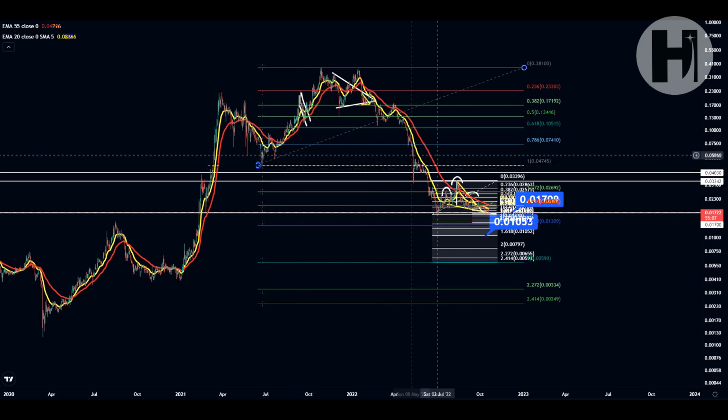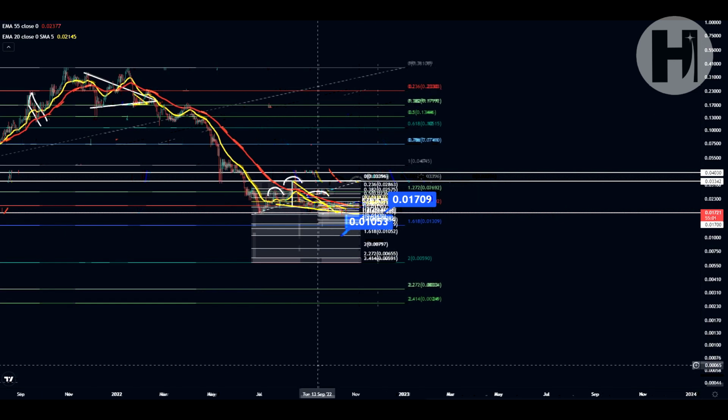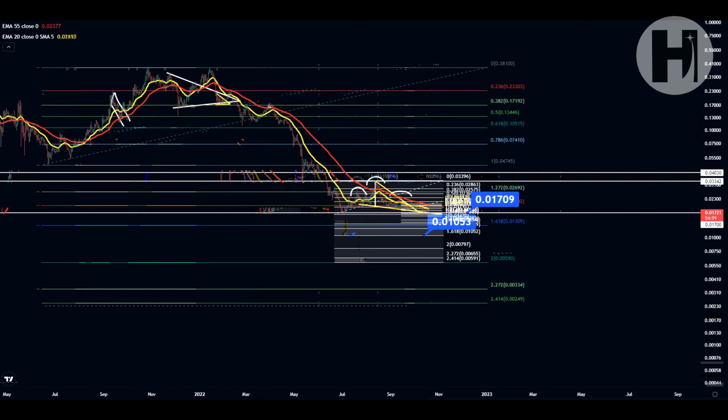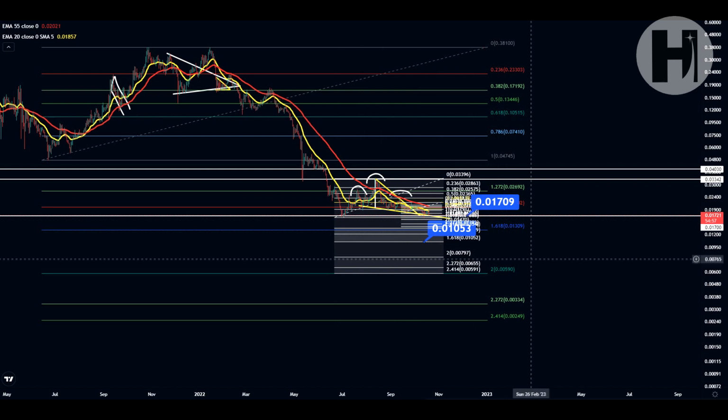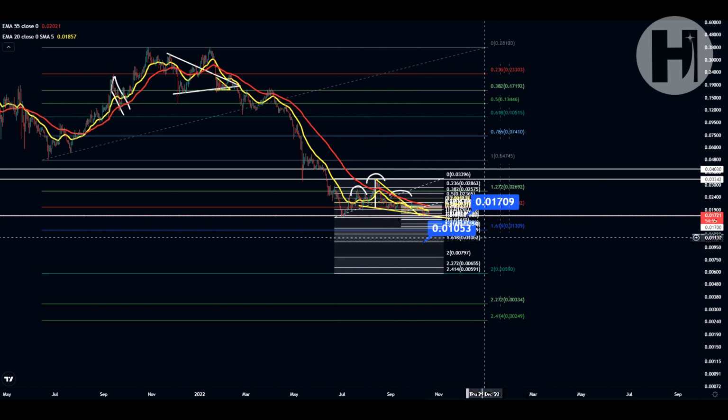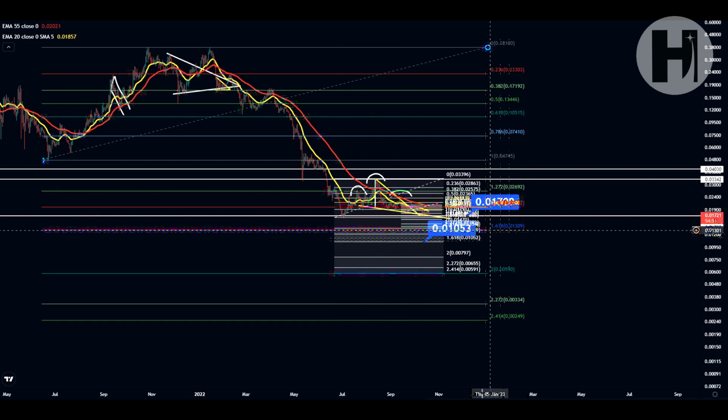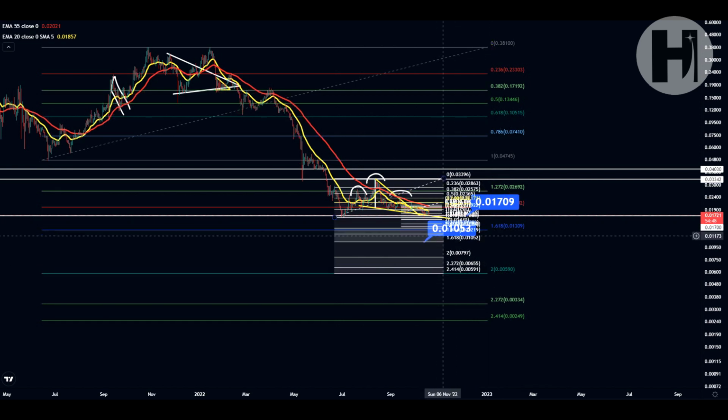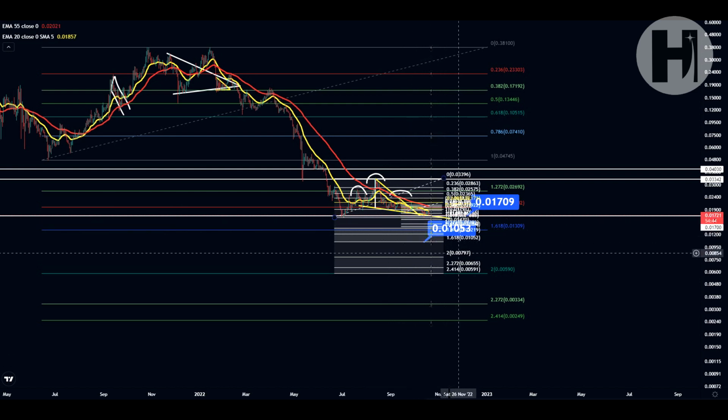Some projects are above this June here of 2021, but as you can see, Harmony went down pretty hard. So we're hoping that we can hold the 1.618 here of this Fibonacci retracement, and that's at 0.01309. Now, if we don't, you always have the next 1.618 from the smaller fib. That should hold us as support.